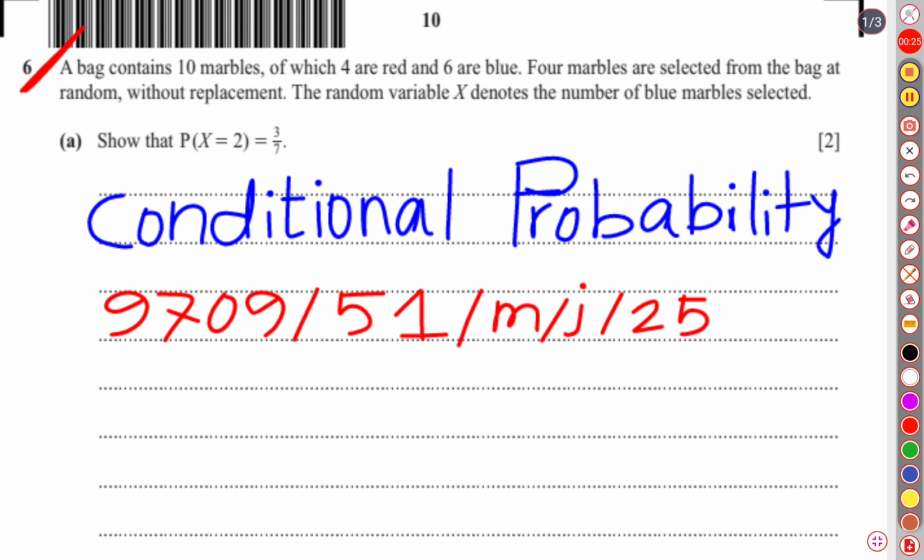A bag contains 10 marbles, of which 4 are red and 6 are blue. 4 marbles are selected from the bag at random without replacement. The random variable X denotes the number of blue marbles selected. So X indicates the number of blue marbles, not the number of red marbles. Question numbers A and B don't belong to our discussable topics. So let us solve question number C.